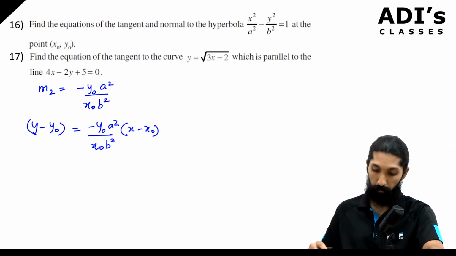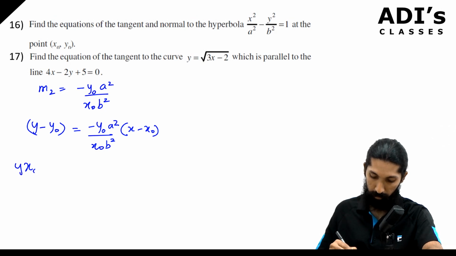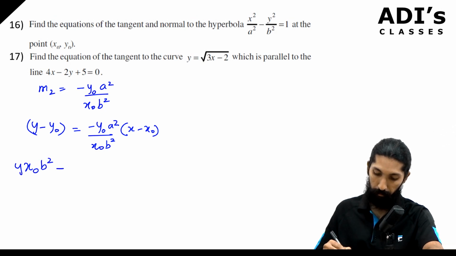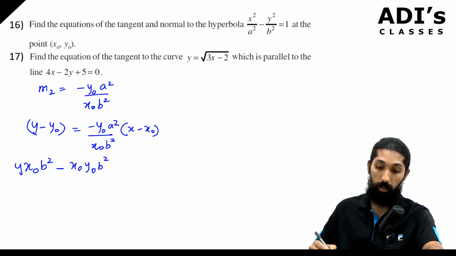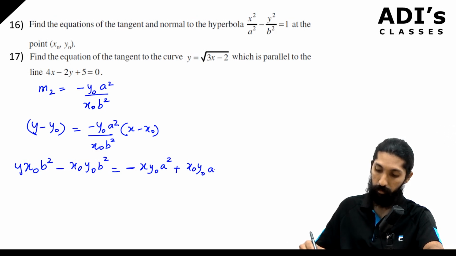Correct? Multiply. So you will have y into x naught b square minus x naught y naught b square is equal to minus x into y naught into a square plus x naught y naught a square.